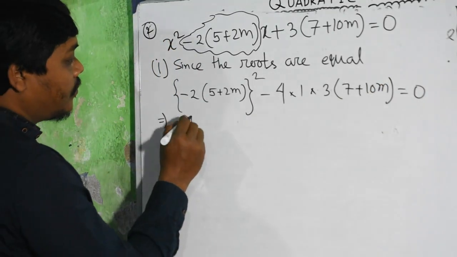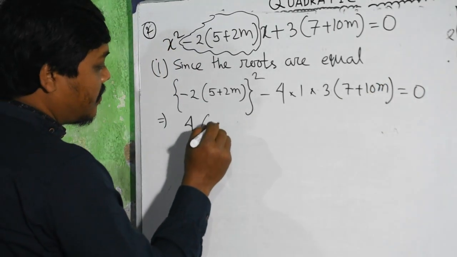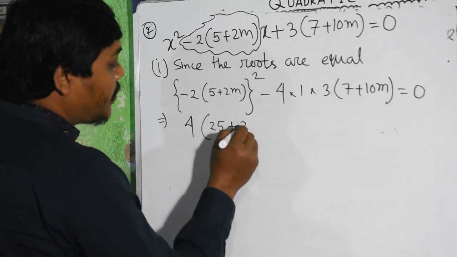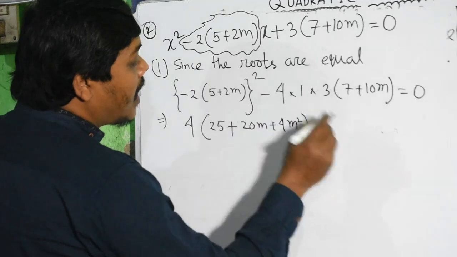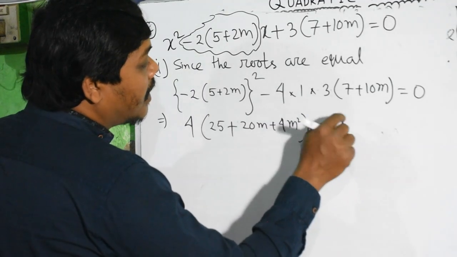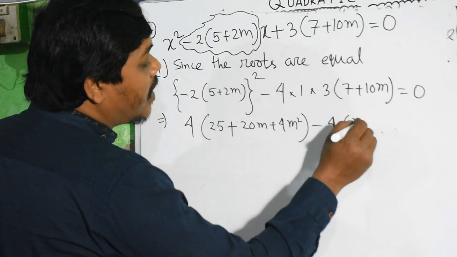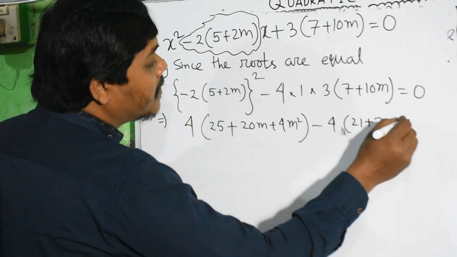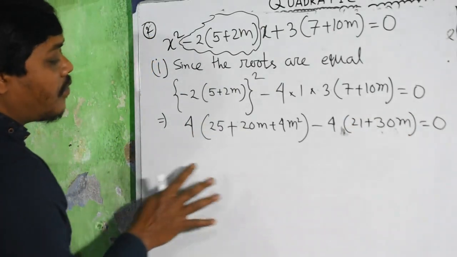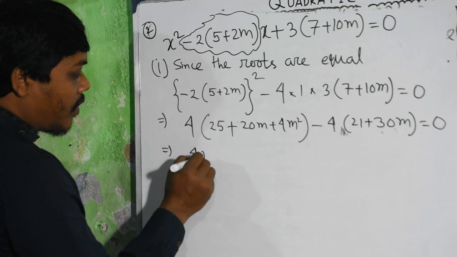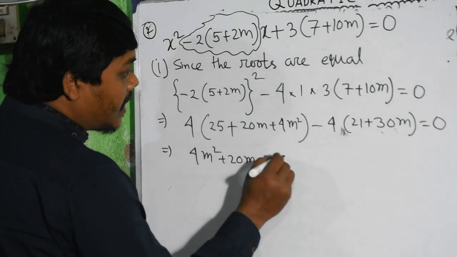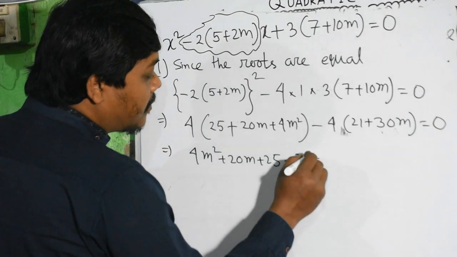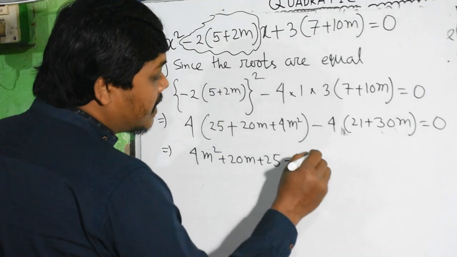And now, 25 plus 20m plus 4m square, and 4 into 3 is 12, so 21 plus 30m equals 0, and on both sides 4 is cancelled. We will get 4m square plus 20m plus 25 minus 21 minus 30m equals 0.